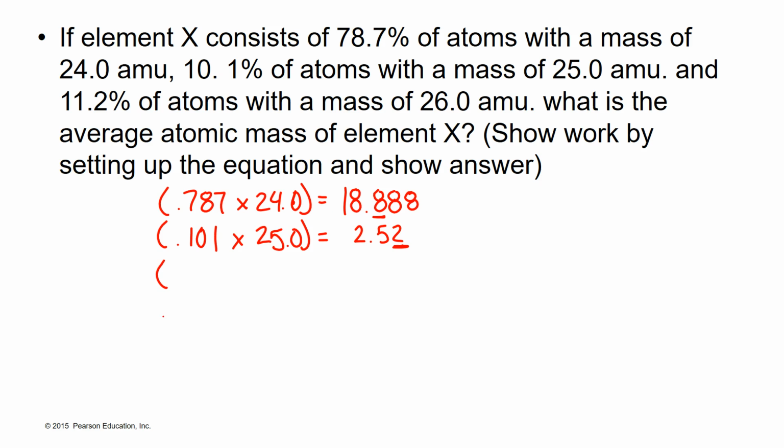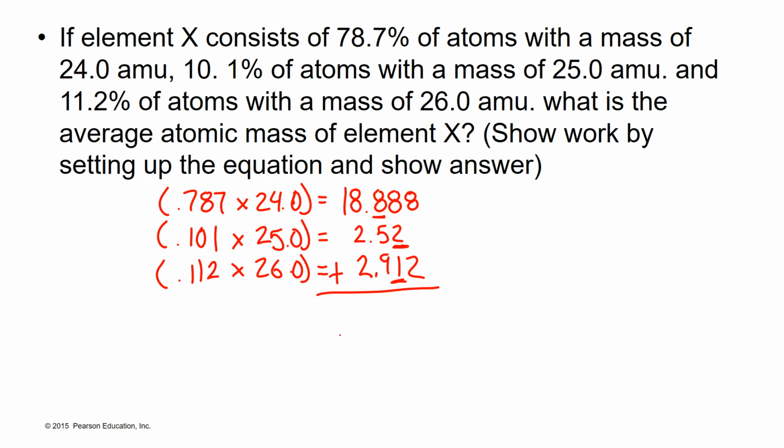And then I got 0.112 times 26.0. And my precision on this one, 2.912. And my precision on that one is at the 1. So whenever I add all of these together, my least precise number in the addition is the one that ends in the 8 right here.